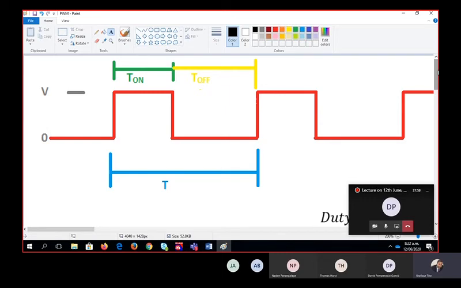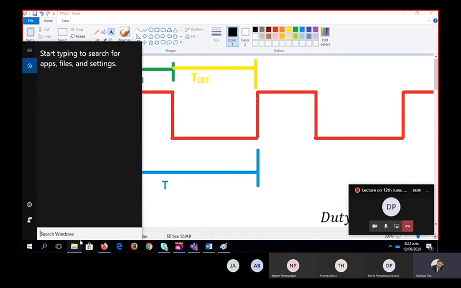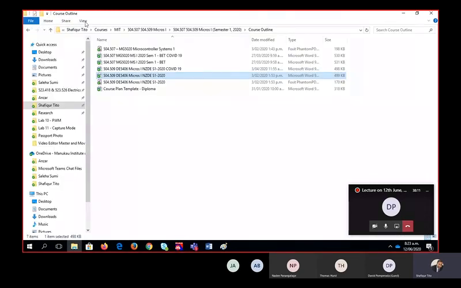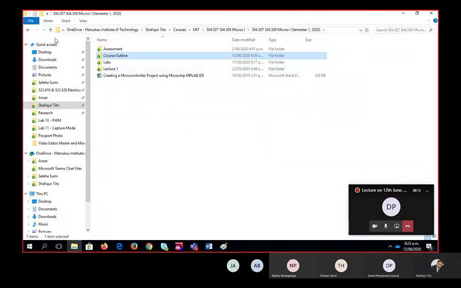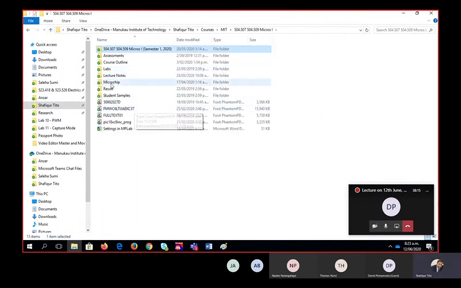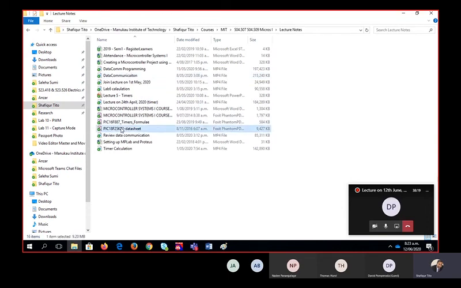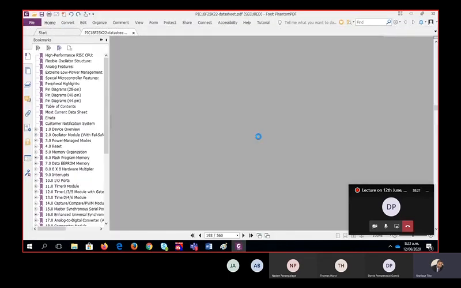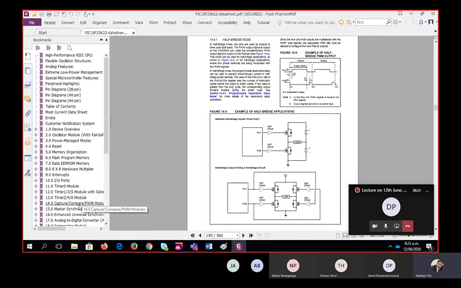I can drive the switching devices from this microcontroller. I can show you one example from the data sheet. So we can go to a data sheet and find an example circuit where your microcontroller is connected with a driver circuit.